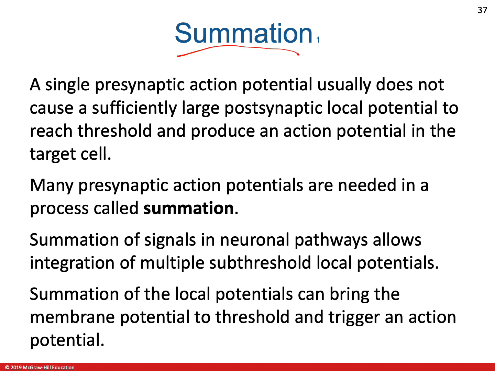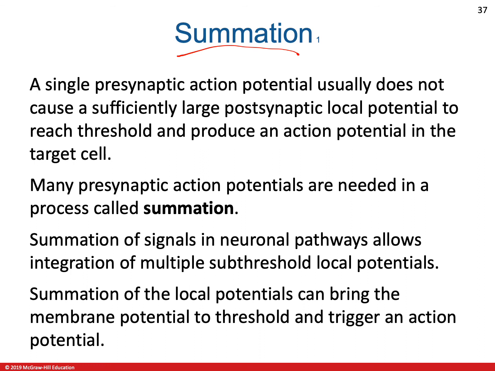Next is the summation. So next is the summation and spatial summation. Within the CNS and in many PNS synapses, it takes more than a single action potential to have an effect. So one single potential, sometimes it will not have an effect. It needs more action potentials to have an effect.